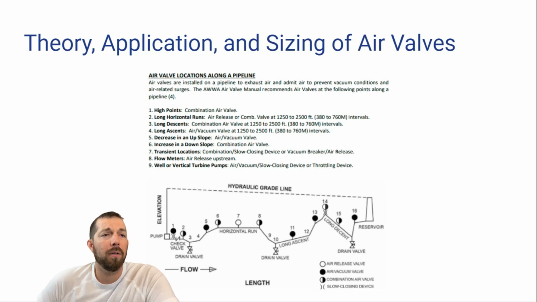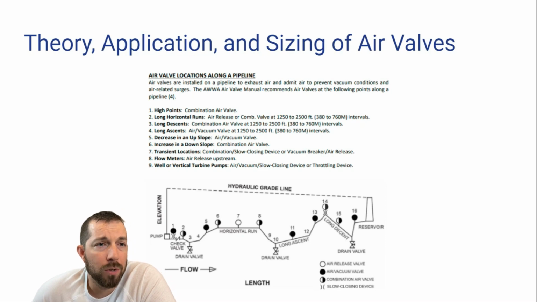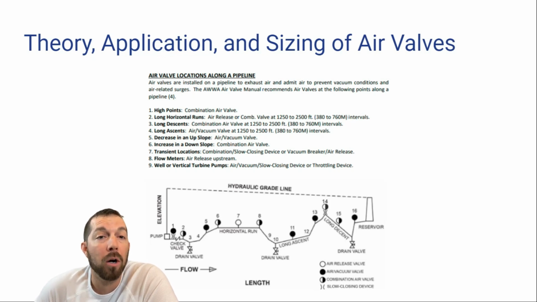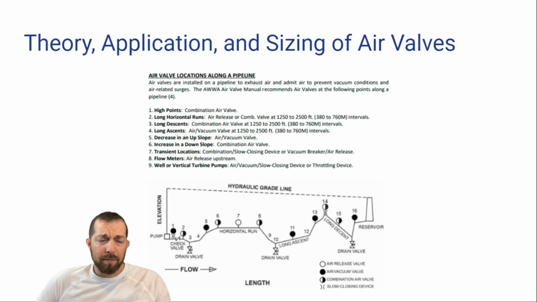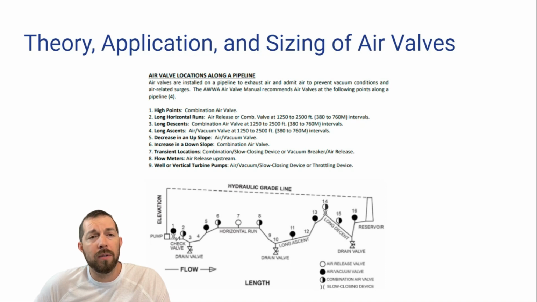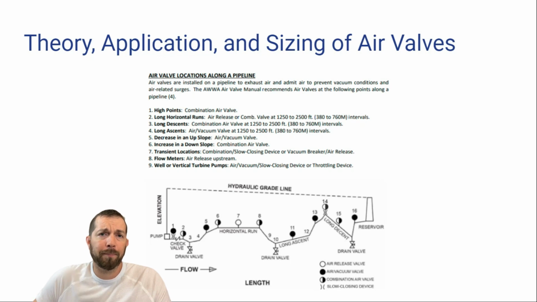One thing to point out here: on long horizontal runs, air release or combination air valves, typically we're going to find them at the 1250 to 2500 foot interval. We definitely want to make sure that we're keeping the air out of the pipelines, as well as having that air mitigation in play.